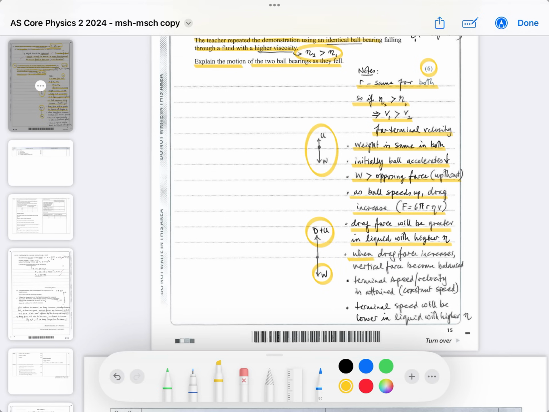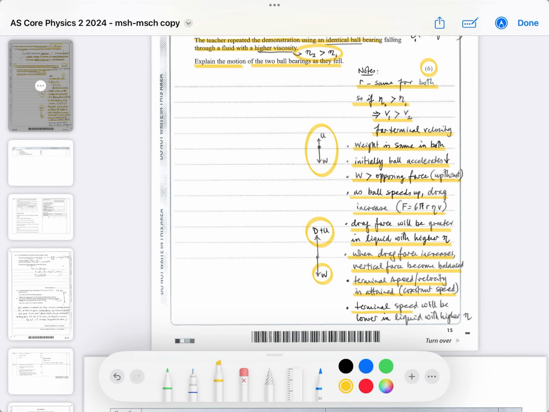When the drag force increases, the vertical forces become balanced eventually, and when they become equal, the balanced situation is when terminal speed is reached. In other words, the forces are balanced, which means you must be moving at constant speed. So constant speed is attained, and that's what we mean by terminal velocity.